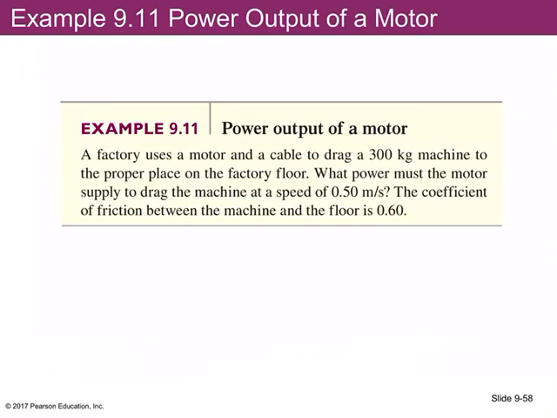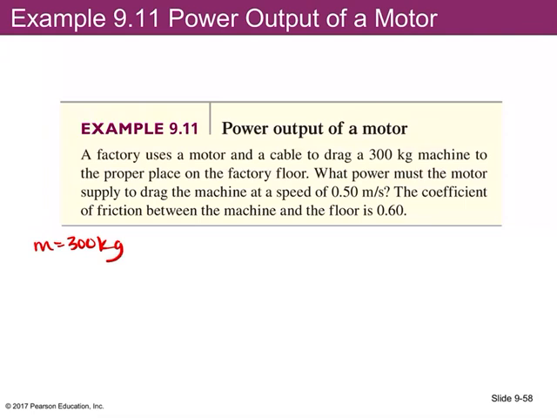All right, this is the very last slide. This is saying that a factory uses a motor and a cable to drag a 300 kilogram machine to the proper place on the factory floor. What power must the motor supply to drag the machine at a speed of 0.5 meters per second? And then it also says that there's some friction of 0.6.